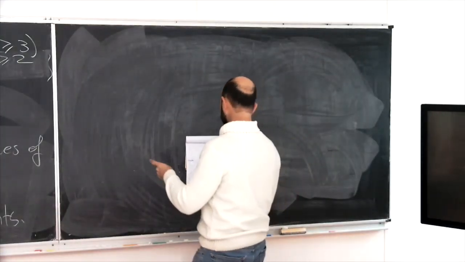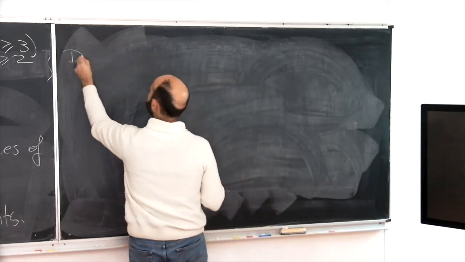Okay, now the pencil through these two curves is a one-parameter family of curves.